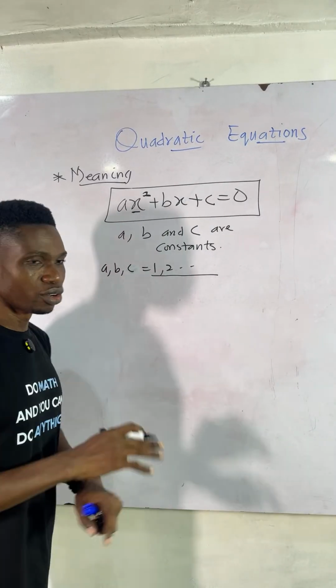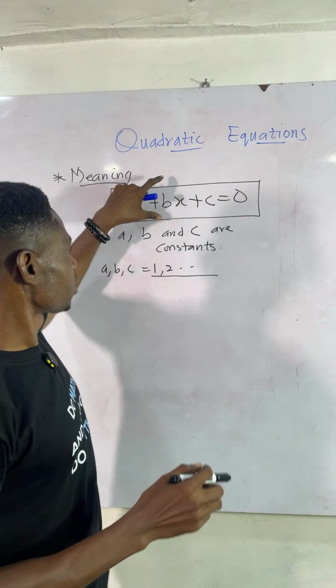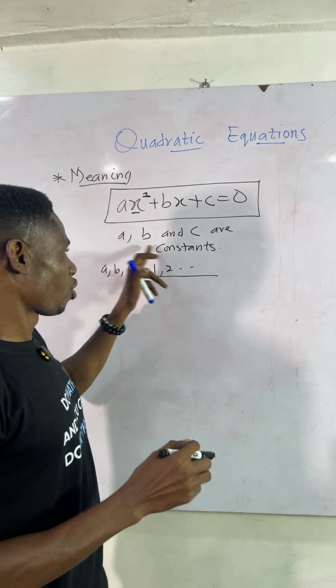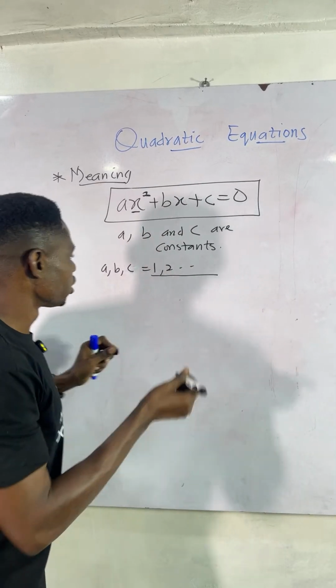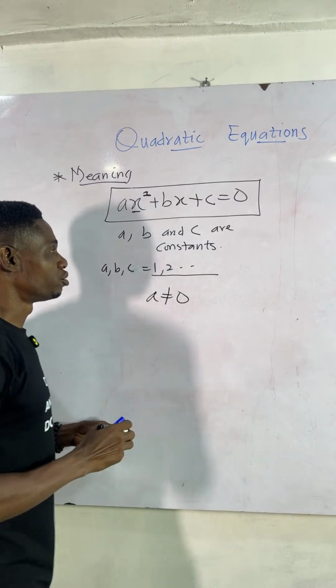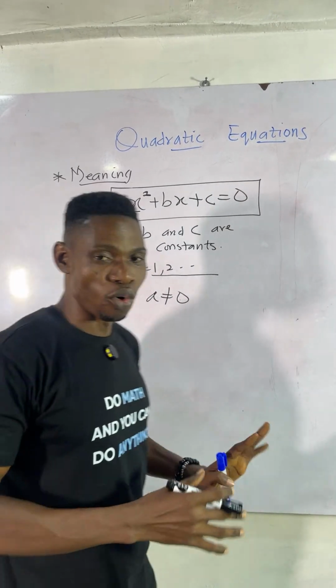They are constants, they are not variables. And one more rule, A cannot be 0. You must have the presence of A for it to be quadratic.